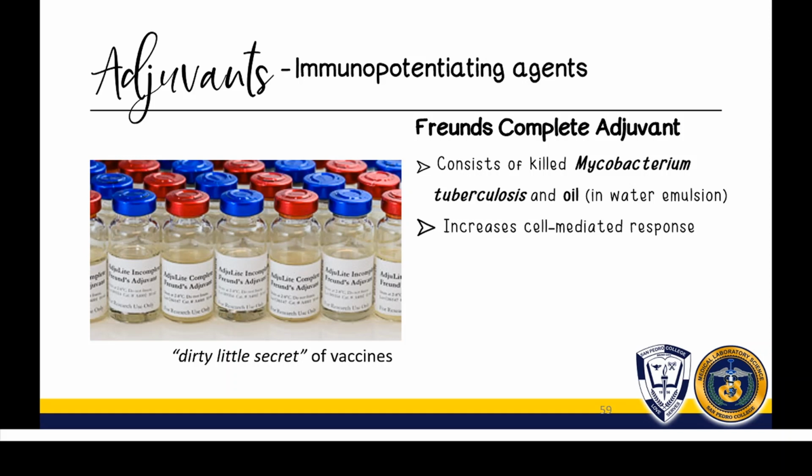And the action of Freund's complete adjuvant is it increases the cell-mediated response. And it also increases antibody production. So, it enhances the immune reaction by activating both the cell-mediated response and humoral response.